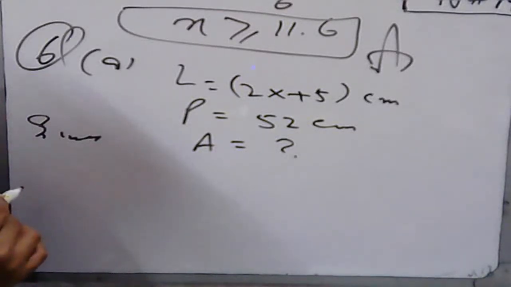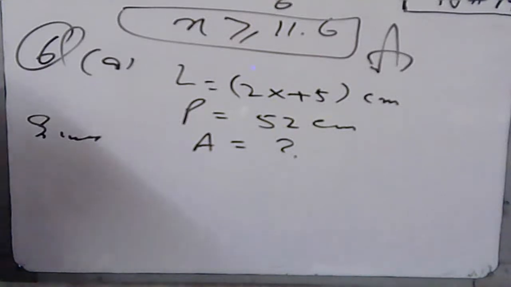Because we have to find the area of the given square. So length is given, perimeter is given.